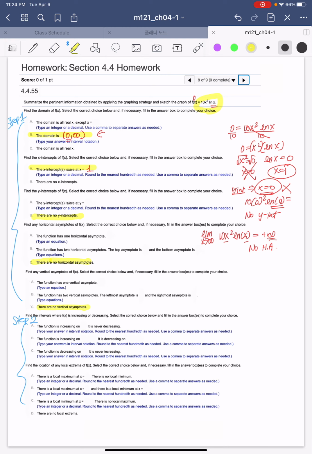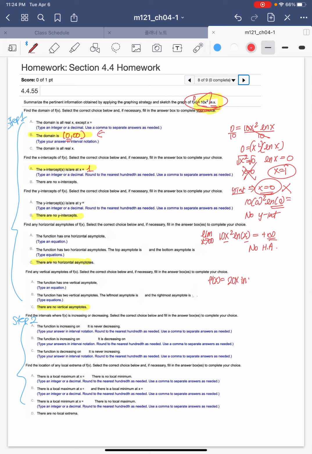Step 2, increasing, decreasing, and also local extrema. For that case, I need to find the first derivative. So let's apply the first derivative. This is our original one, and that's a product rule. Let's take the derivative of the first term. That's 20x.